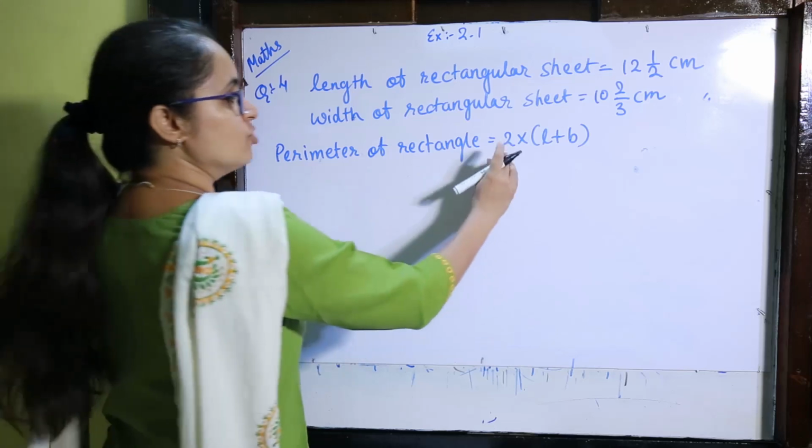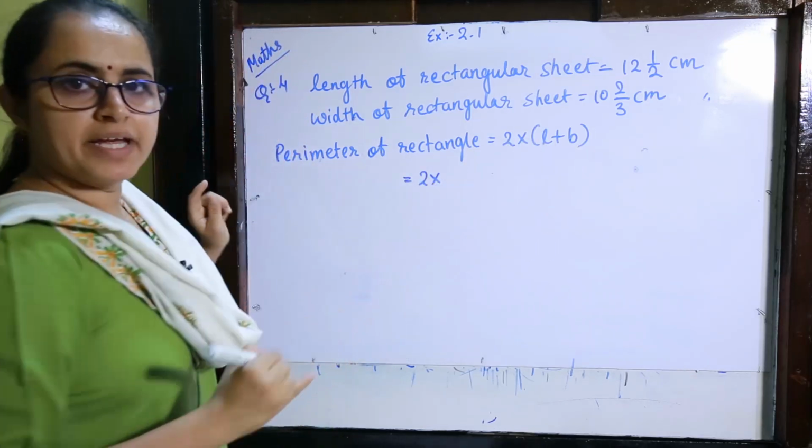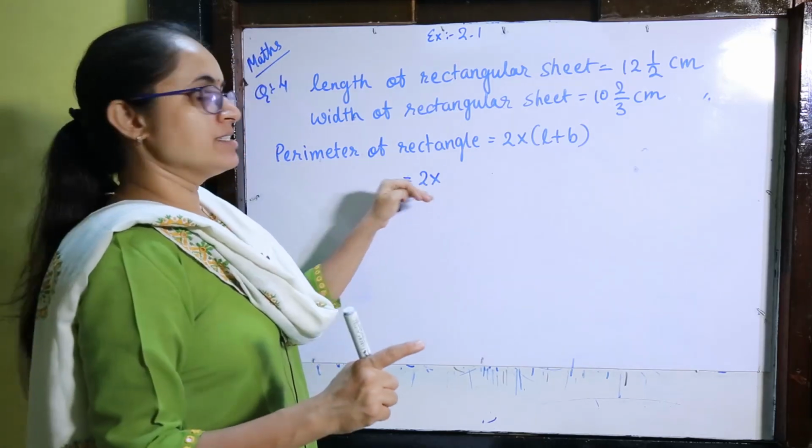So first of all 2 multiplied by L plus B. So first we have to write 2 and a multiplication. Every time you have to write 2 multiply. Don't skip this point.